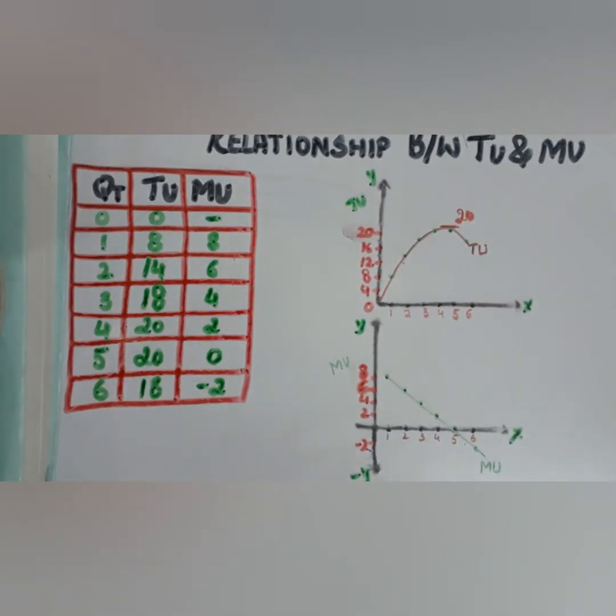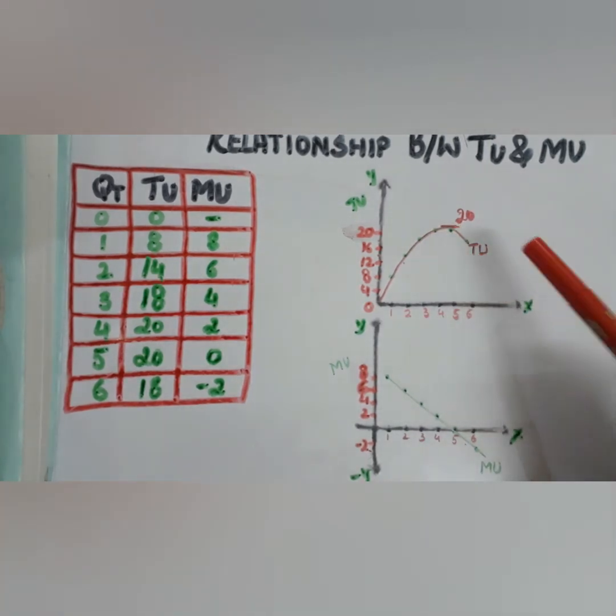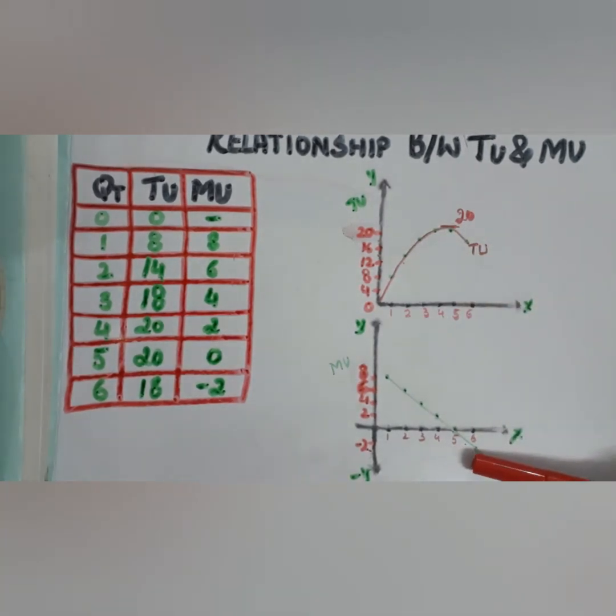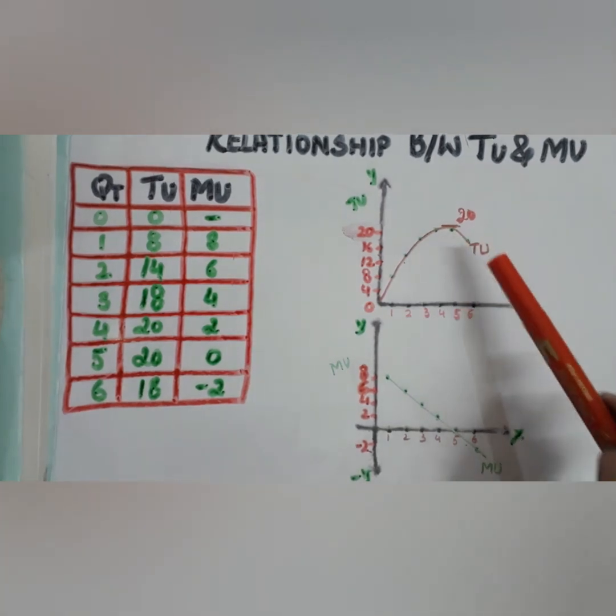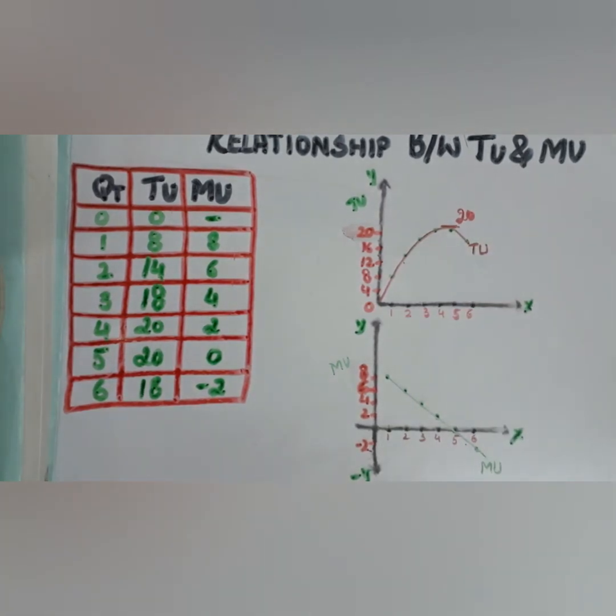And then when TU starts declining, the reason behind that is the marginal utility is decreasing. It is negative. Decreasing means negative. Here I am talking about negative. So MU is negative, which results in TU declining. And after that we have to discuss when decreasing marginal utility is there.